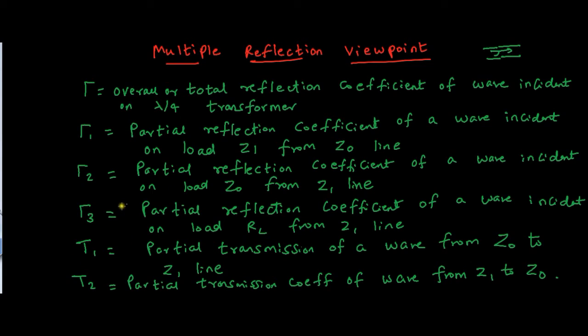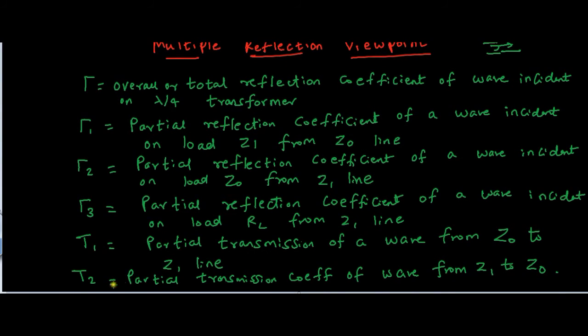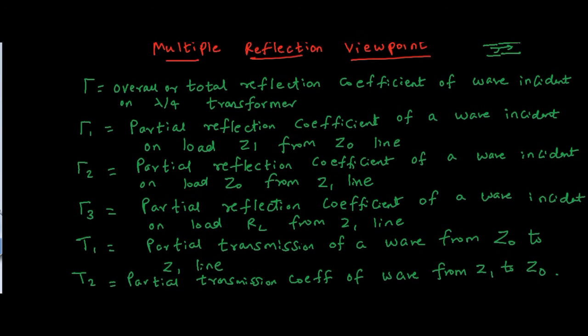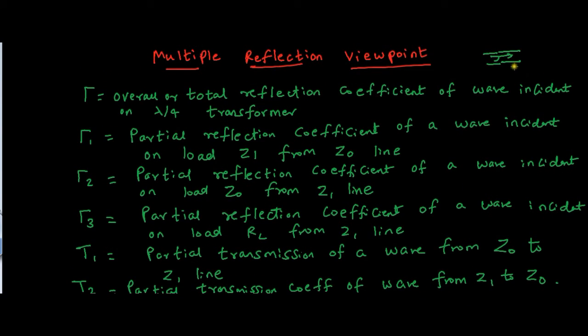This parameter takes care of the wave which is passed to the next interface. Similarly, there is another partial transmission coefficient 2, of a wave from Z1 to Z0.